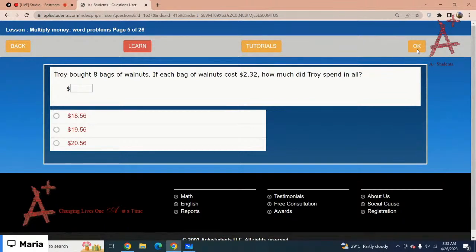Okay, Troy bought 8 bags of walnuts. If each bag of walnuts costs $2.32, how much did Troy spend in all? You have to do 2.32 times 8.